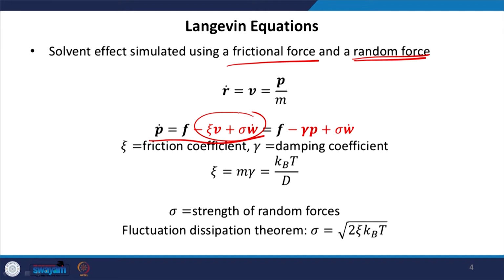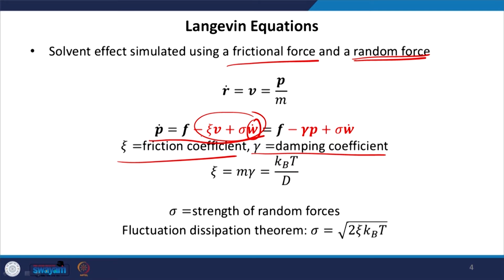The first is the frictional force that has a zeta, that is a friction coefficient, and the velocity of the particle, and a sigma, that is the strength of random force, and a random force term W dot, that is the time derivative of a random force, which is defined using what is known as a Wiener process. And gamma is the damping coefficient that is basically related to zeta.